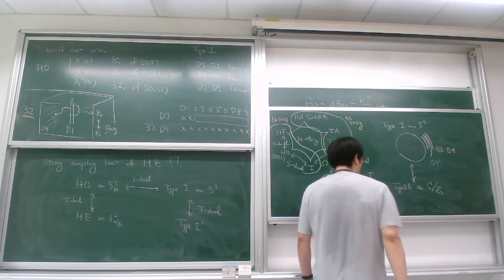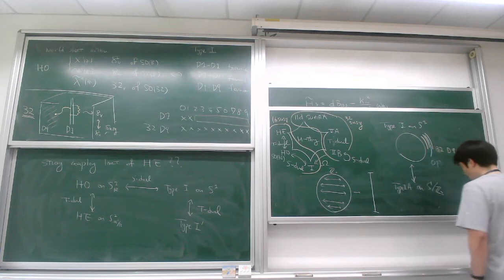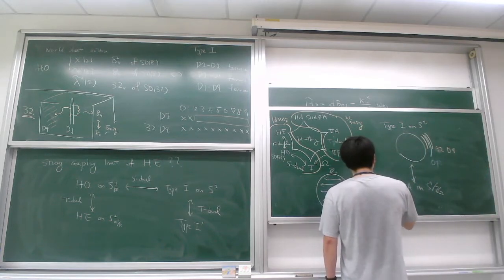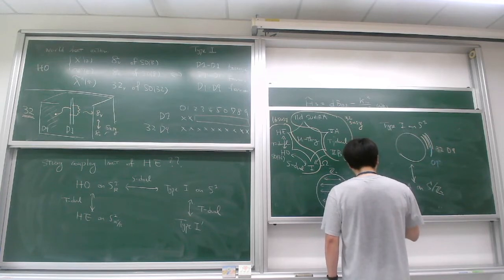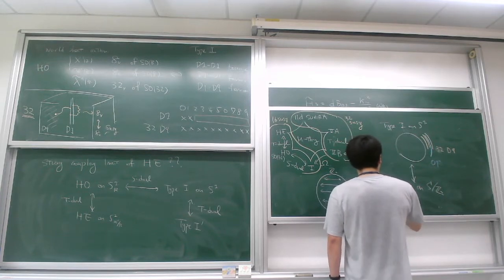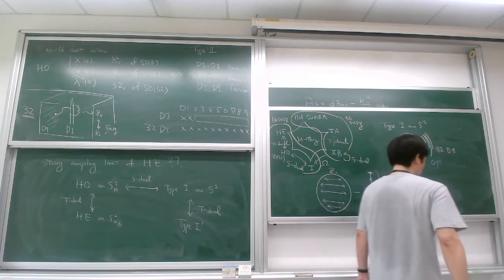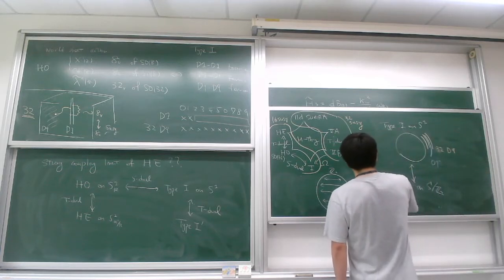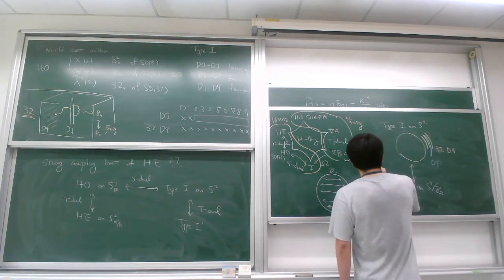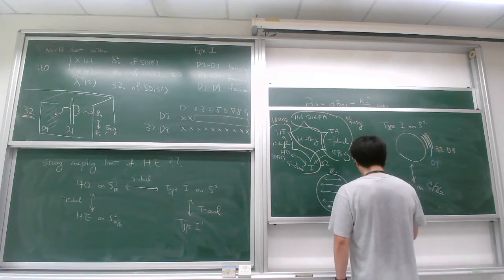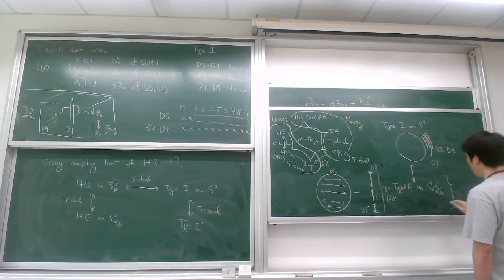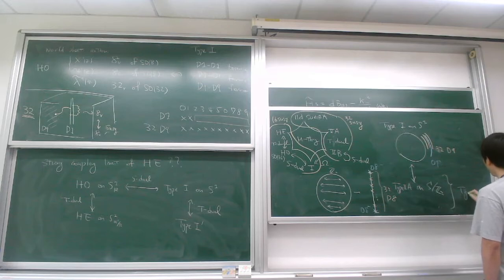You have a segment, and then you have 32 D8 branes, and then you have the two orientifold planes, O8 minus and O8 minus. Okay. So this configuration, type 2A on S1 mod Z2, we call type 1 prime.